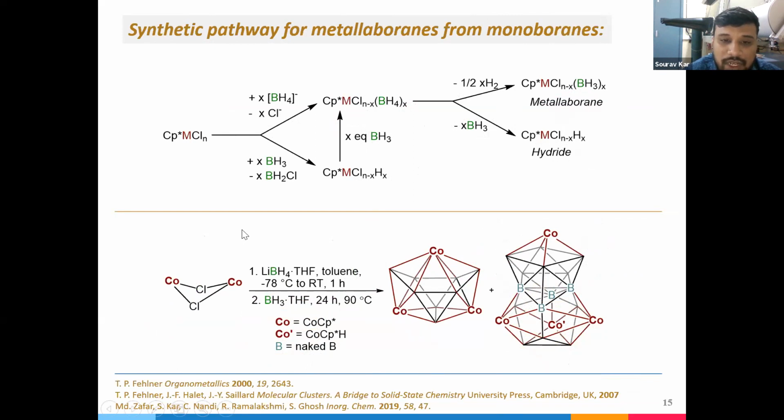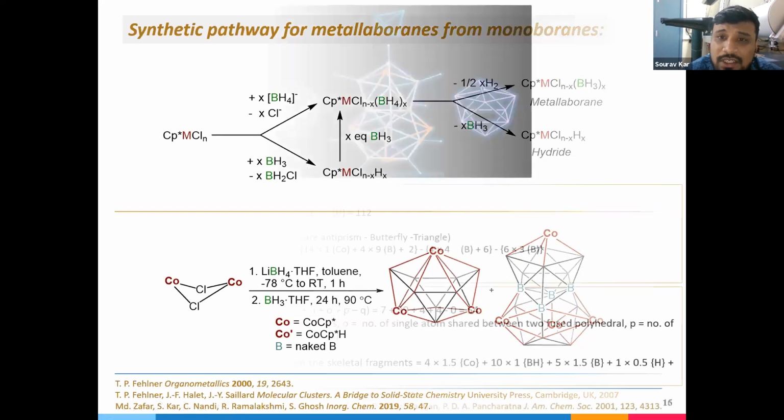So we chose the group 9 atom cobalt and utilized the methodology proposed by Fehlner, where a sequestered metal chloride is treated with borohydride, which leads to the formation of a metal chloride borohydride, and followed by salt elimination and hydrogen elimination, it leads to the formation of metalloboranes. So utilizing this methodology, we treated the cobalt chloride dimer with lithium borohydride, followed by pyrolysis with BH3·THF, which led to the isolation of one 16 vertex cobalt cluster, along with a few more clusters.